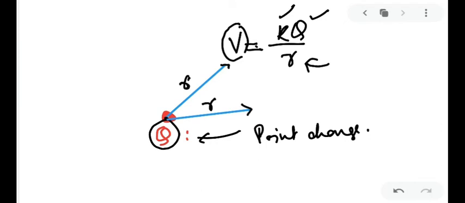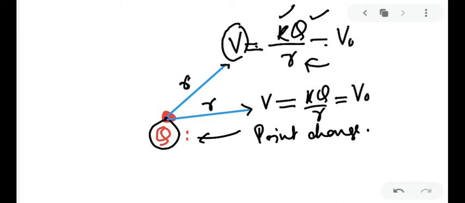At this point the potential again will be, let me call this V0, and at this point also the value is kq over r, which is again V0. Can you find another point where the potential is same? Exactly. In between you can have another point over here, over here, over here.